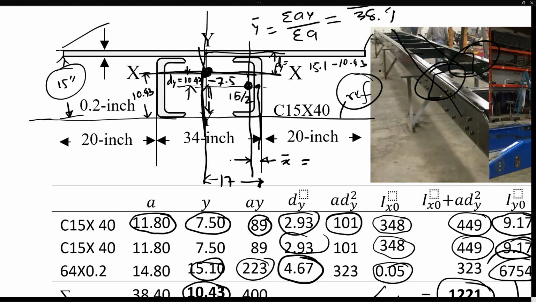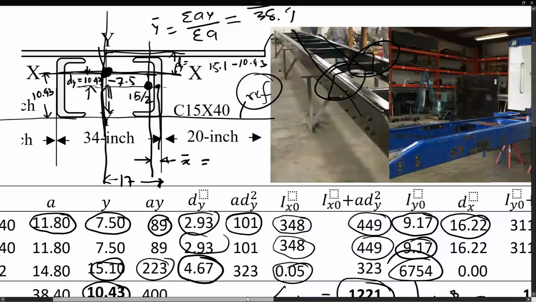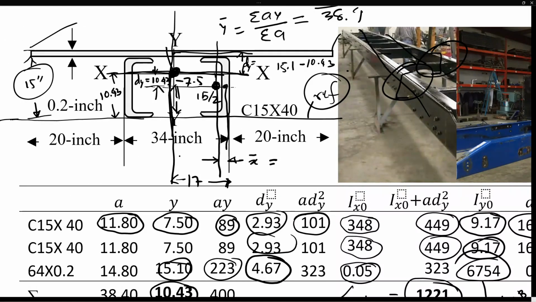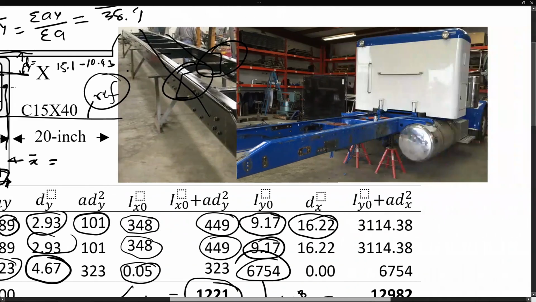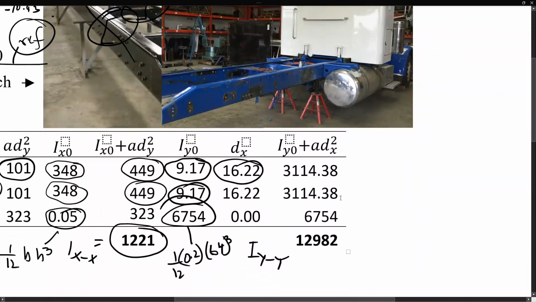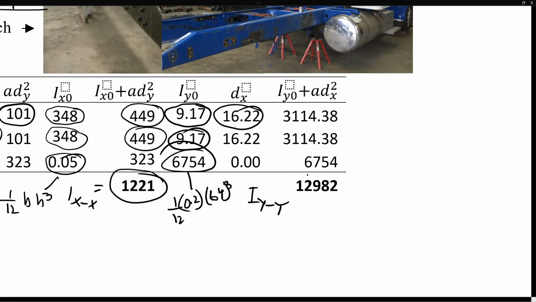If you subtract that, this will give you 16.22. That's what I got. So you just have to subtract. The 17 came from the 34 divided by 2, half of that. That is 17 minus the x bar. So that will give you the distance from the centroid right here to the C channel. Both of them are the same distance away. Plus or minus doesn't matter because we're going to be squaring them. So that's how we got that Iyy.